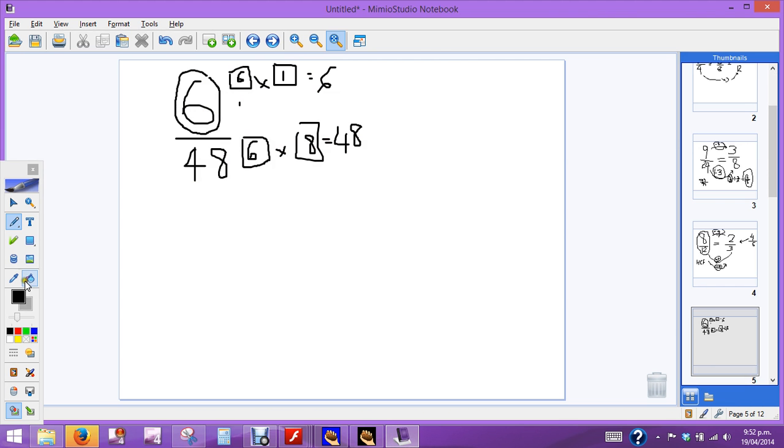So I can see that 1/8 is my fraction, because I'm going to be dividing 6 divided by 6.